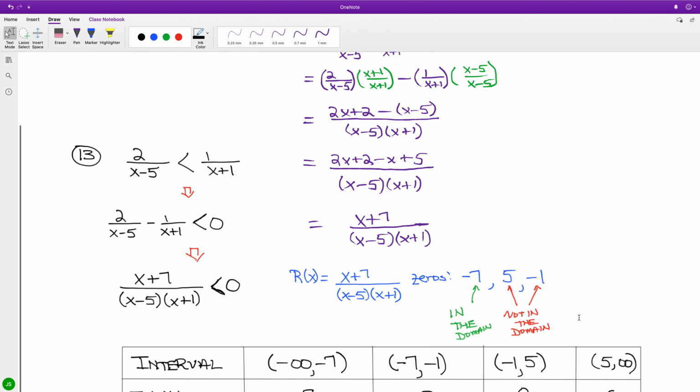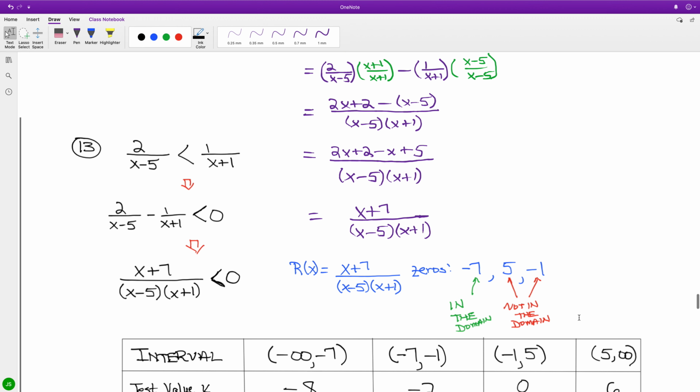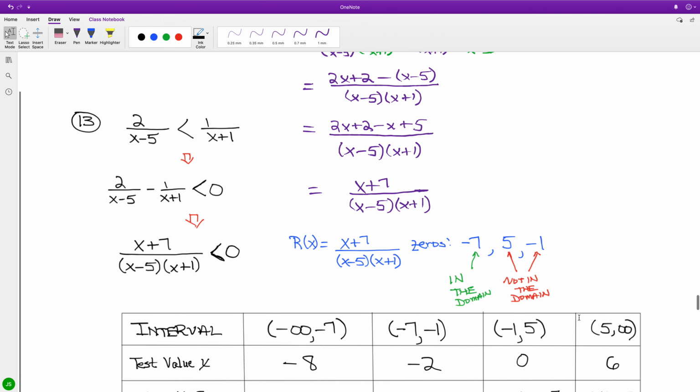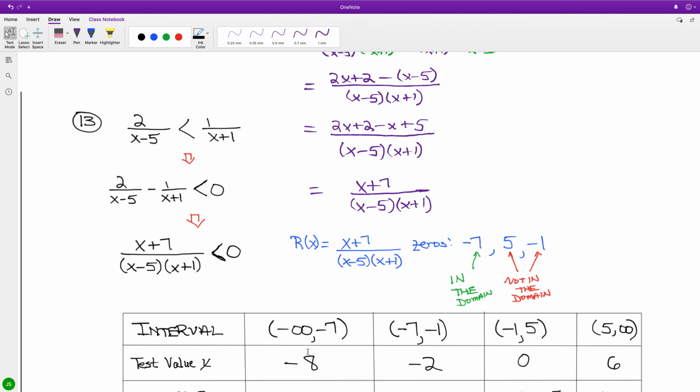And the last interval will be those values of x greater than 5. Applying test values, for anything less than negative 7, negative 8 qualifies as a sample. Anything greater than negative 7 and less than negative 1, we have negative 2. Between negative 1 and 5, we have 0 as a possible sample. And anything greater than 5, we can go with the number 6.